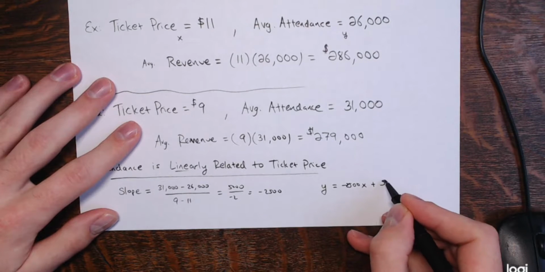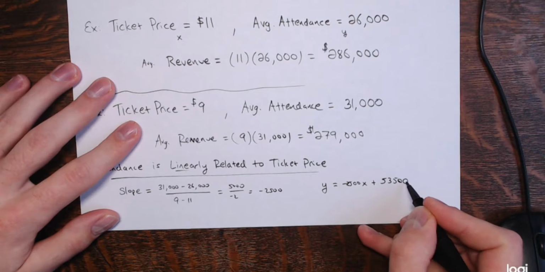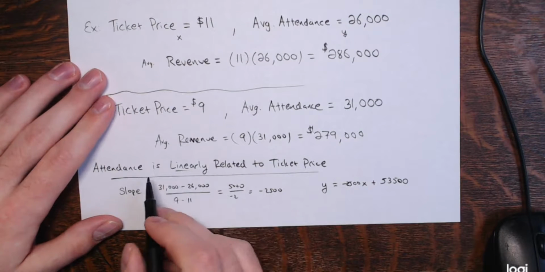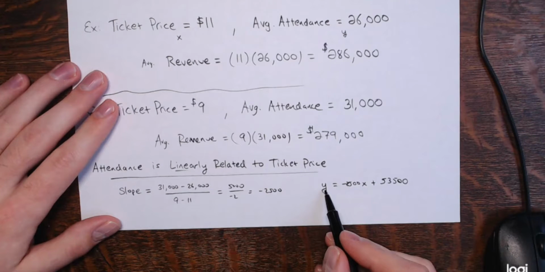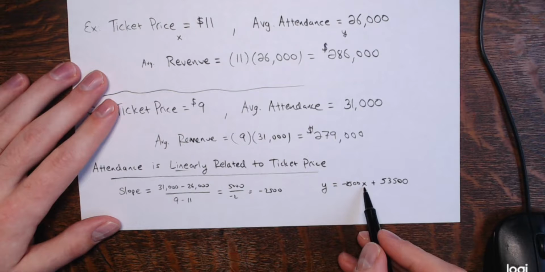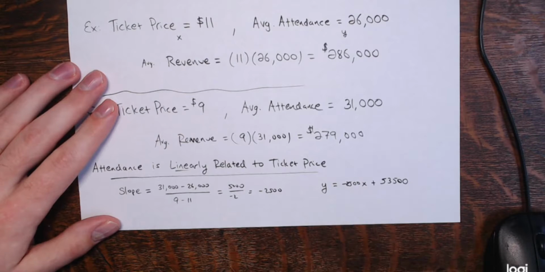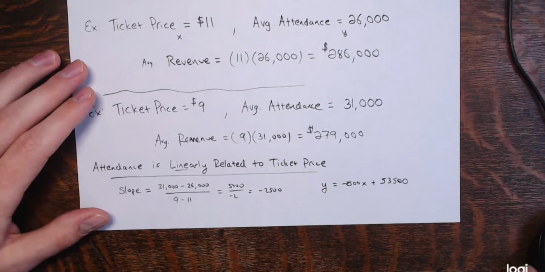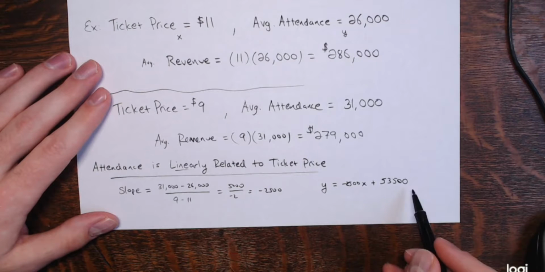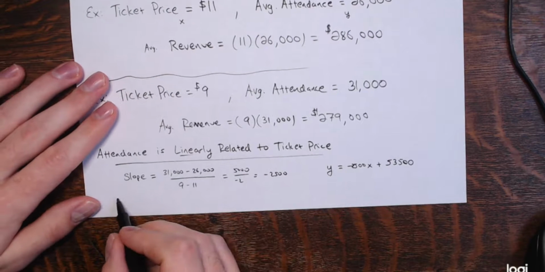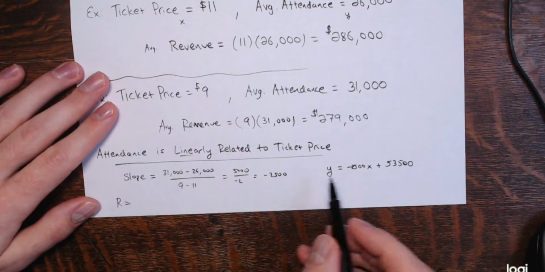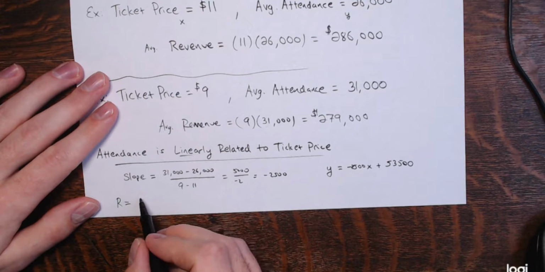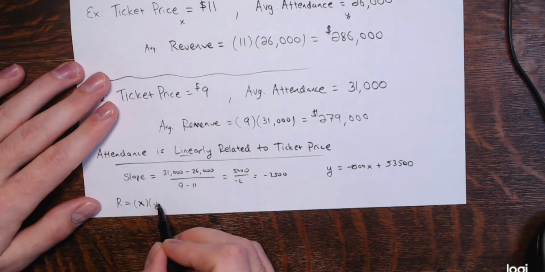And again, you should be able to write the equation of a line. So here's the relationship between attendance and ticket price: the average attendance is negative 2,500 times the ticket price plus 53,500. Using this and talking about revenue, revenue, I'll call capital R, is going to be X times Y, the ticket price times the number of tickets sold on average, the attendance.